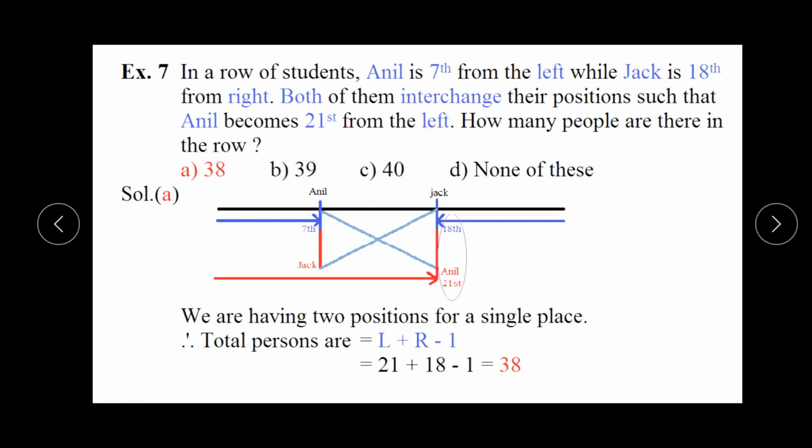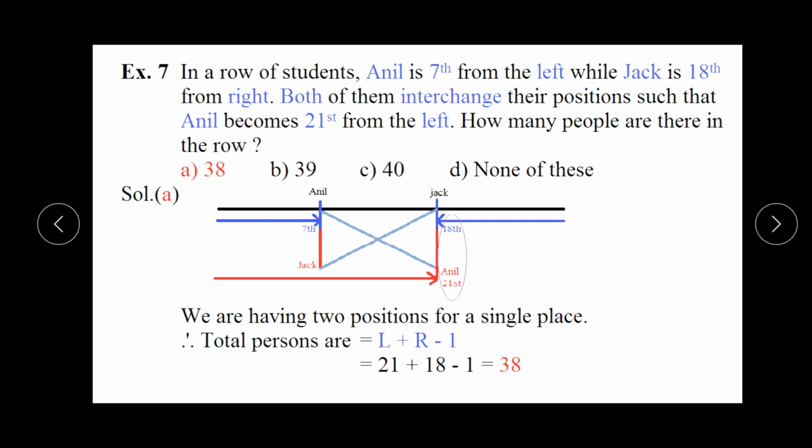It means Anil's position from the right side is 18th, and Anil's position from the left side is 21st. For the same position we are given 2 positions, 18th from right and 21st from left. What will we do? To find out the total number of persons, we will add these positions.